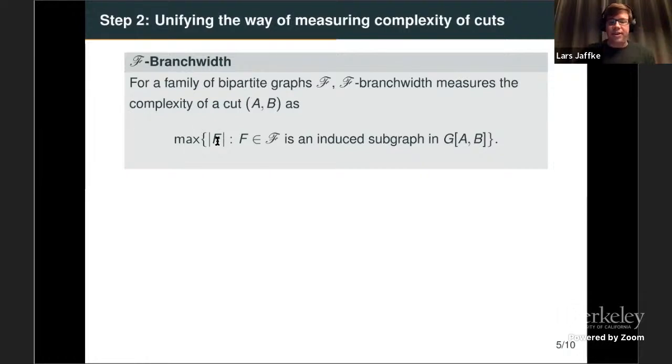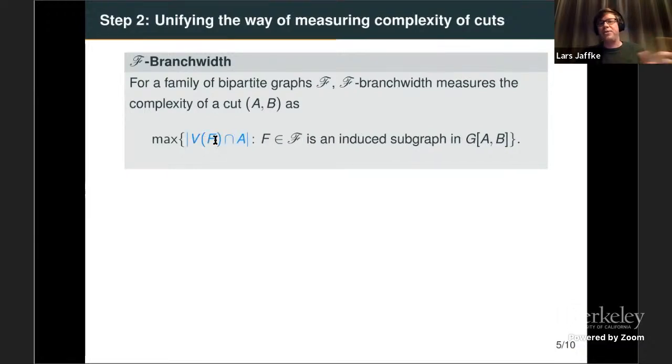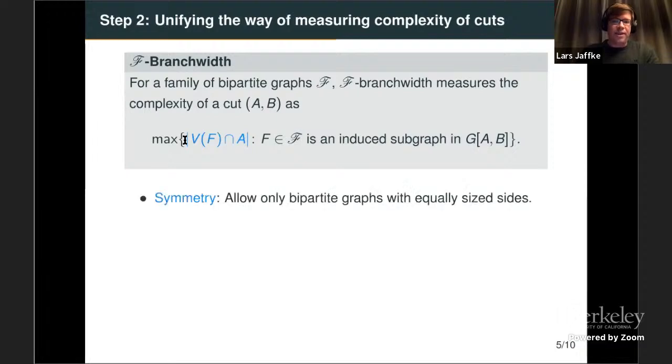All right, so I'm cheating here a little bit. We are not really caring about the size of the graph, but rather the intersection of the vertex set of a graph with one side of the cut. Therefore, we also require some symmetry constraints. So we don't really want to have a different complexity if we look at the cut from left to right or from right to left.